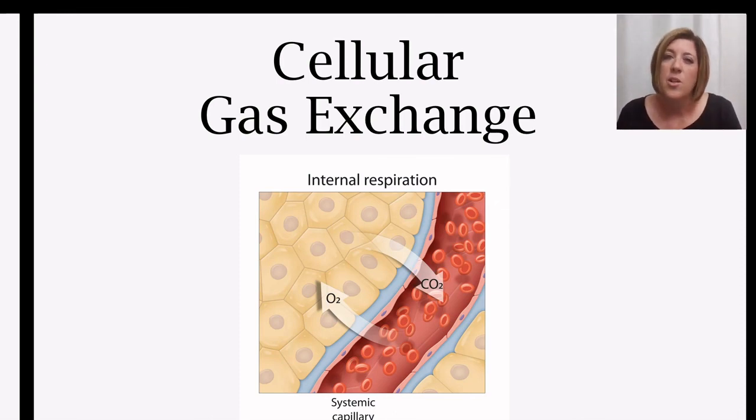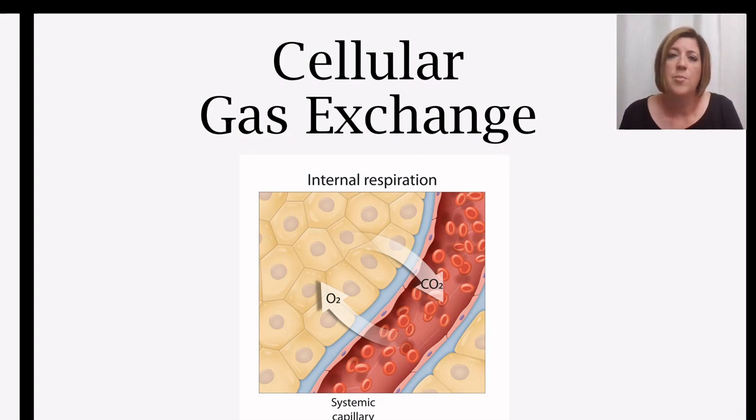But the same thing's occurring on the cellular level, except this is now internal, and it's a little bit different because now we have more oxygen in the blood than we do in the cells. So diffusion's still going to occur, but this time it occurs from the high concentration in the bloodstream towards the low concentration in the cell.